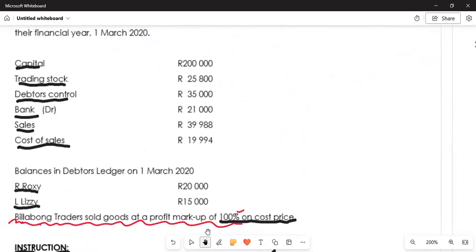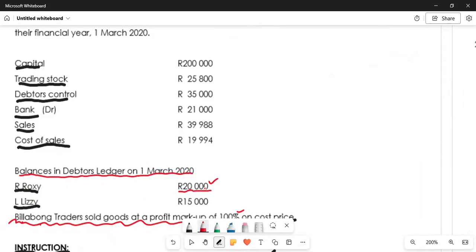So for us to do that, we are first going to start with the balances in the debtors ledger on the 1st March. As we are starting with Roxy, we are going to start with the account rendered for Roxy, which is 20,000.